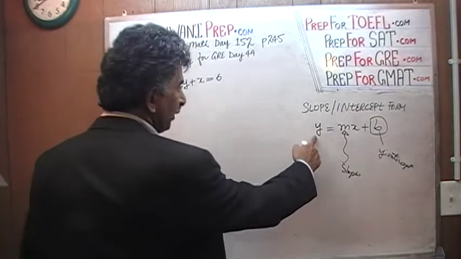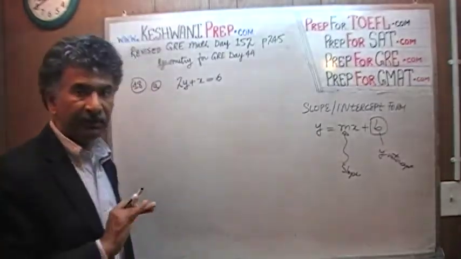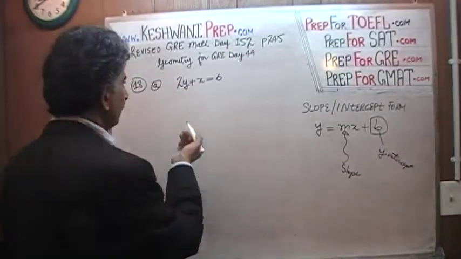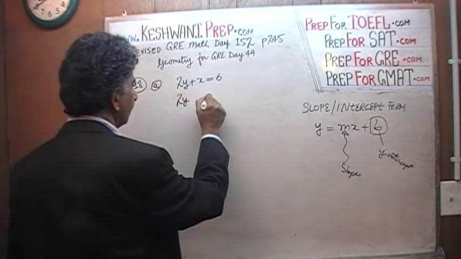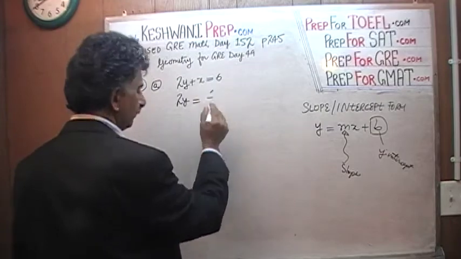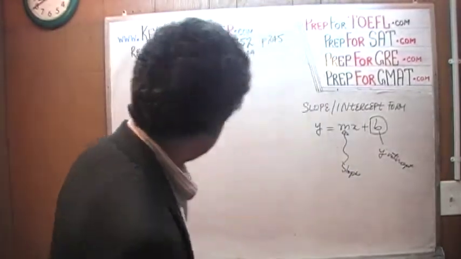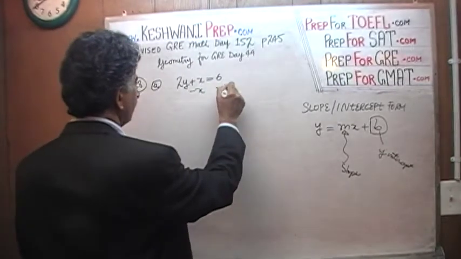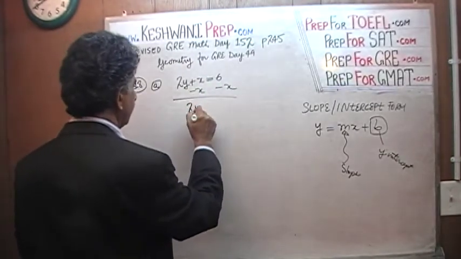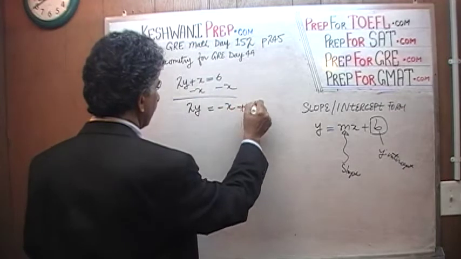Which means the y has to be all by itself. That's all it means. Bring the y by itself, and that's it. Which is very simple. Subtract x from both sides. So 2y equals negative x plus 6.